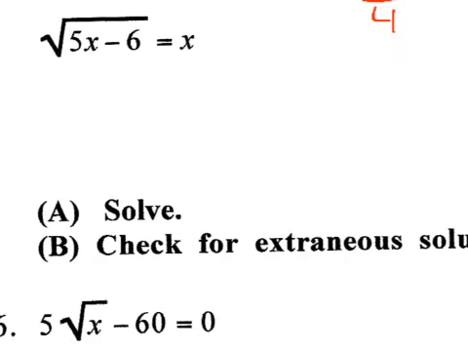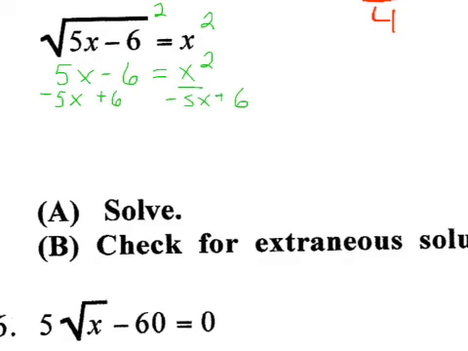For 15, we also want to square both sides. So that gives us 5x minus 6 equals x squared. Because we have an x squared on this side, we have to set everything equal to 0 and factor to find the solution. So we're going to subtract 5x and add 6.